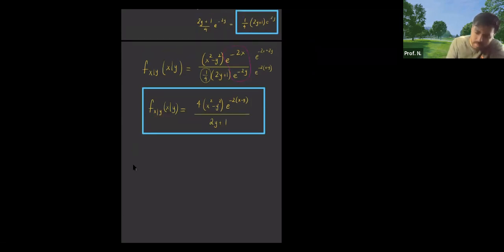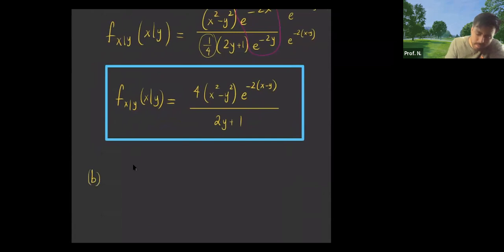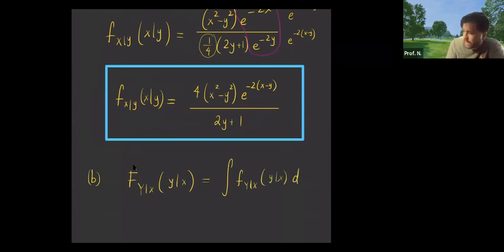So for part B, you want to find this, and this entails integrating the density, dy. It's the integral of, well, this is of x, a different variable, dt.